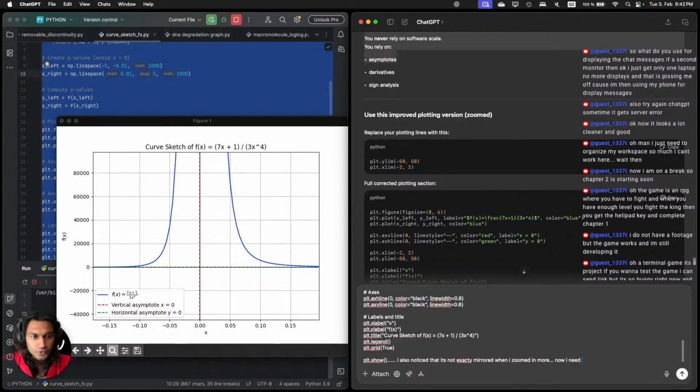So what do you use for displaying the chat messages? If a second monitor, then okay. I only have one laptop, no more displays, and that is pissing me off because I'm using my phone for displaying messages. What can you do?